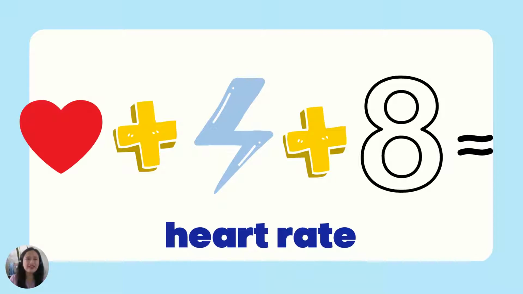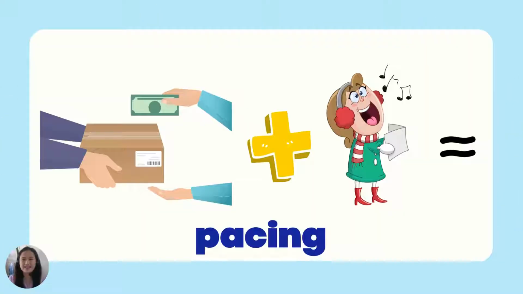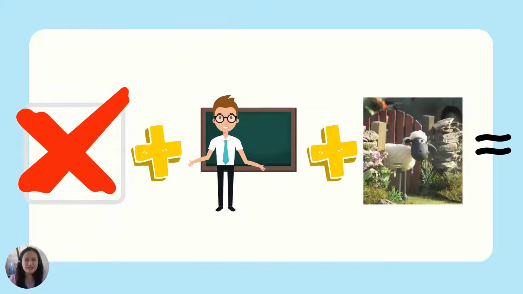Now let's have these 2 pictures combined. What word can you think of? If your answer is pacing, then yes, that's the right answer. Now let us have the last pictures.